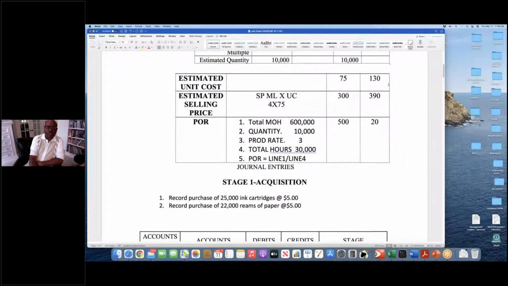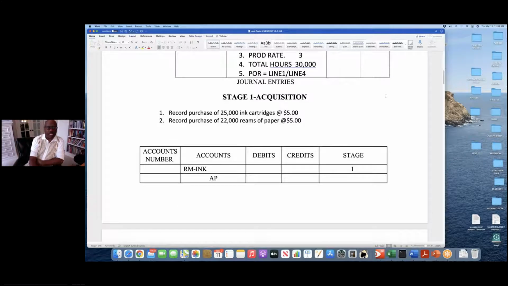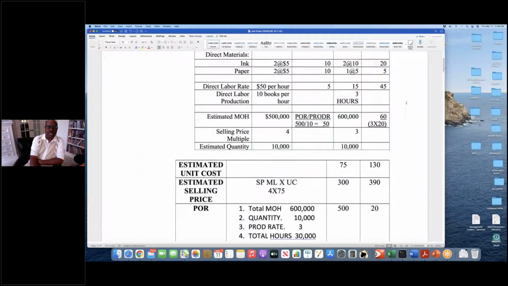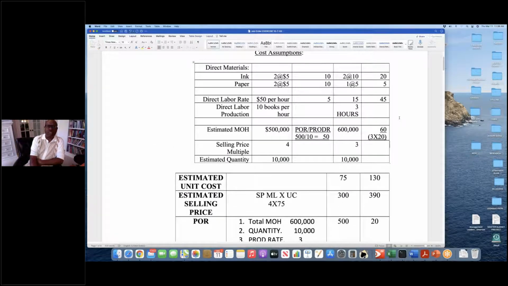And we'll see how it works. Okay, so we had 25 ink cartridges, but we changed the ink cartridges to what? 10, right?